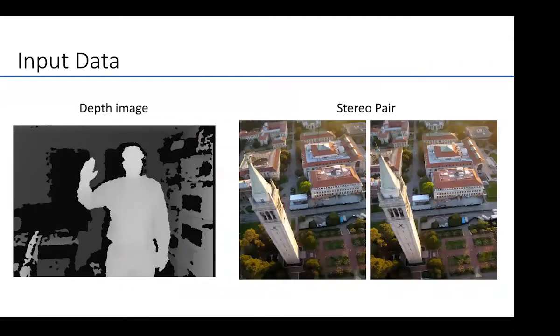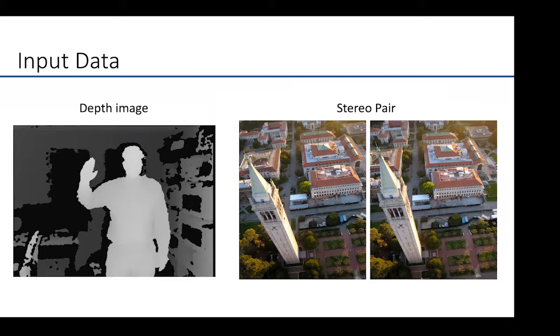So on the left side of the slide, there is a depth image. This image is a one channel image, and each entry has some value, and this value represents how far the object is from the camera. So if values are white, like here, this means that this object is very close to the camera. Black means very far. Gray means something in between. But these values don't have any sense in terms of distance.